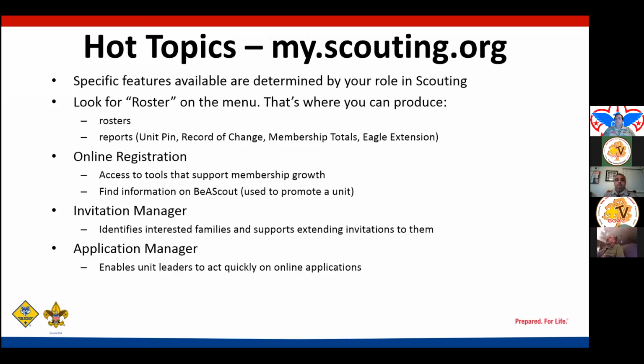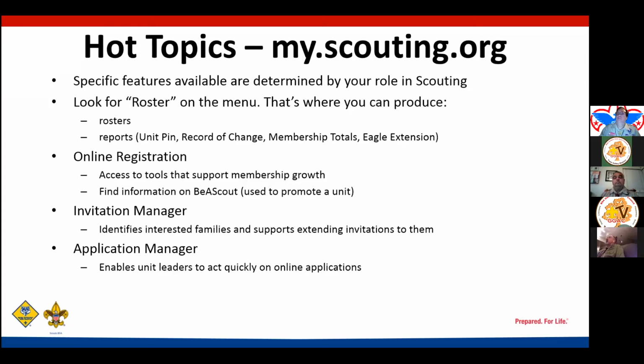There are also online registration tools for helping you, and in particular, there's the Be a Scout pin. If you're a unit leader, you will want to go into your Be a Scout pin and make sure that it's actually up to date. If you haven't updated, it may have your old Scoutmaster's contact information.